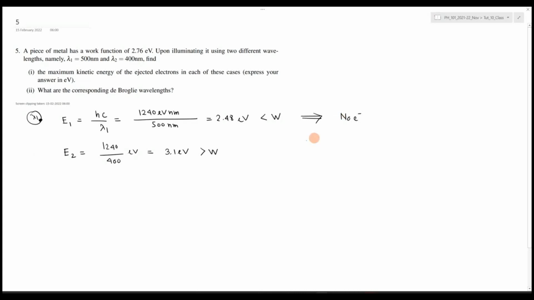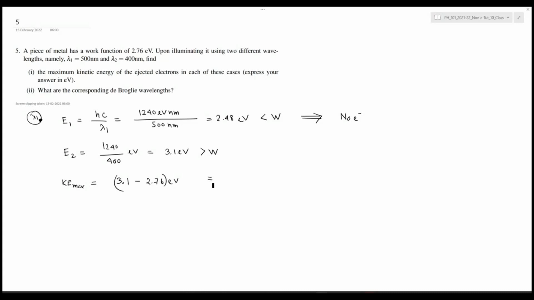So what is the maximum kinetic energy that the electrons can have? It will be the energy provided minus the work function: 3.1 minus 2.76 eV. Now see, this value is actually 0.34 eV.